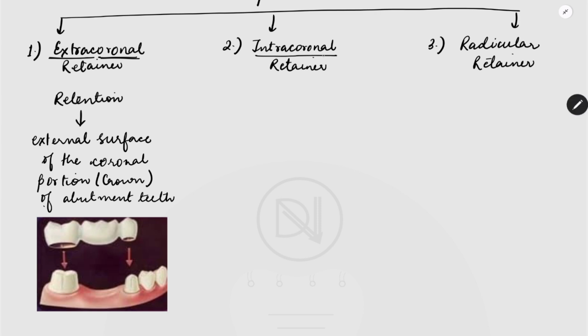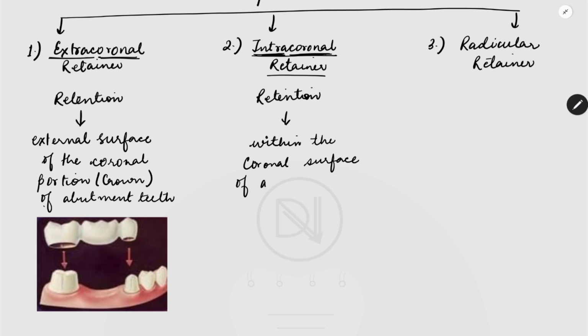Now coming next to the intracoronal retainer. As the name suggests, intra means from within, coronal means from the crown. So if the retention is achieved from within the coronal surface of abutment teeth, then it is called your intracoronal retainer.